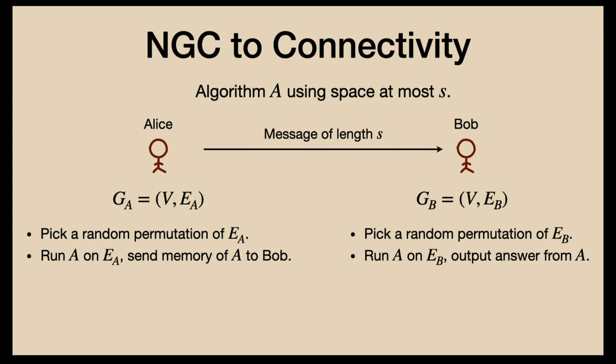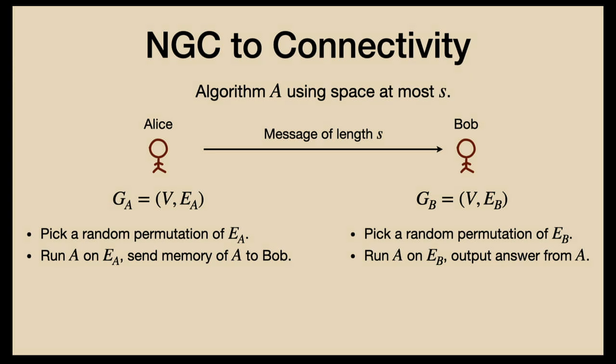Yes. So why would a lower bound for this problem that we're looking at also translate to streaming? What we can do is Alice is going to try and run any streaming algorithm this way. So Alice is going to pick a random permutation of the edges which are given to her, right? And then she's going to run this algorithm on her edge set and send this memory state to Bob.